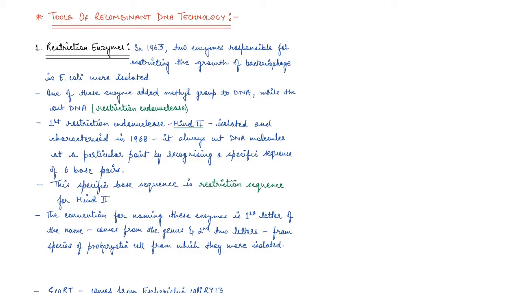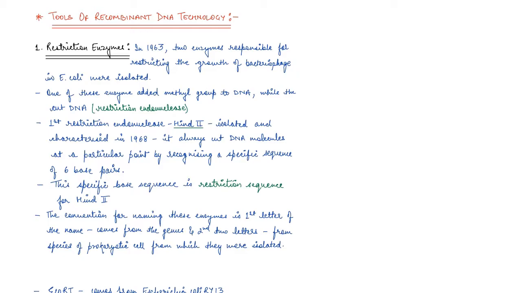So in today's video, we are going to study the tools of recombinant DNA technology. I hope you have gone through the last video. We started a new chapter, biotechnology: principles and processes. In the last video, we discussed the principles of biotechnology and some tools required to accomplish recombinant DNA technology.